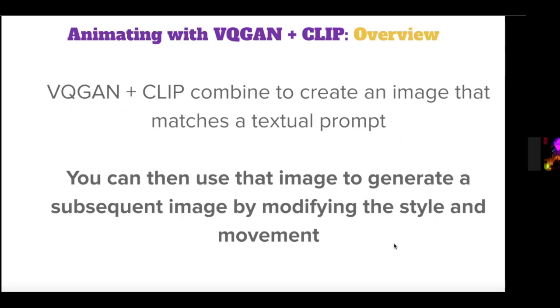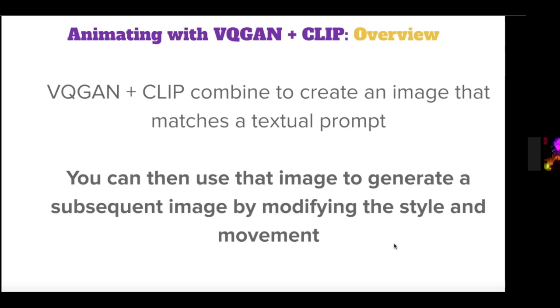So the way you make an animation is to use the first image generated with VQGAN, and then make a second image based on the first, modifying the style if you want, and creating movement. You do that through hundreds and hundreds of frames. If you wanted 24 frames per second, you can imagine how many times you have to do this to create a 10-second clip.